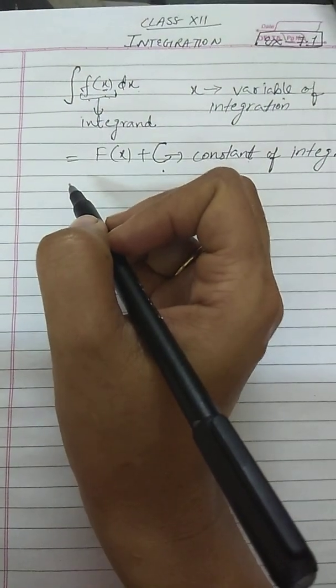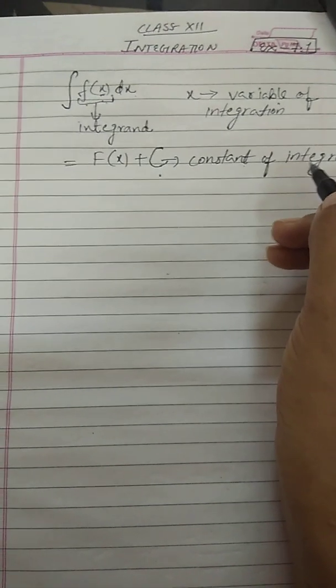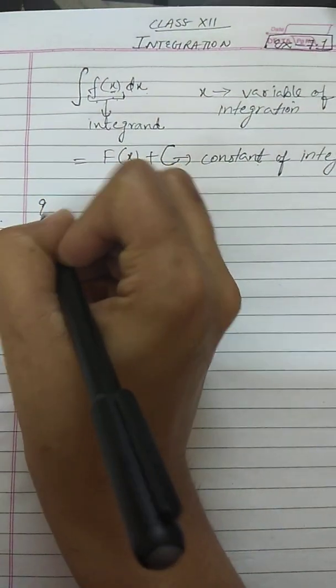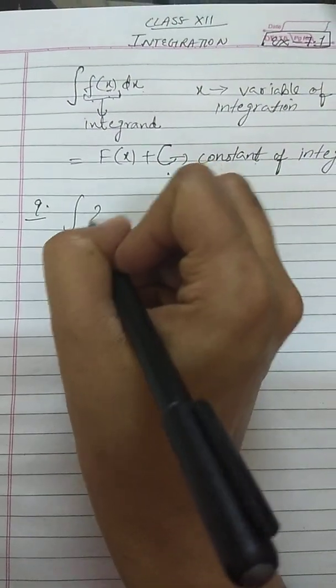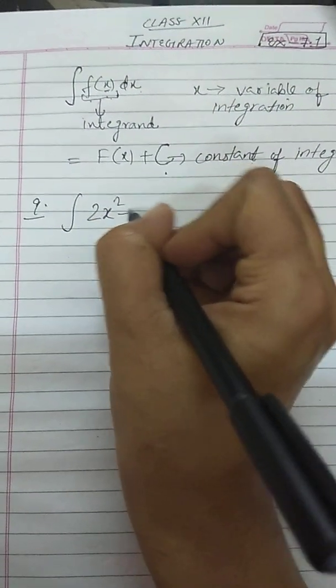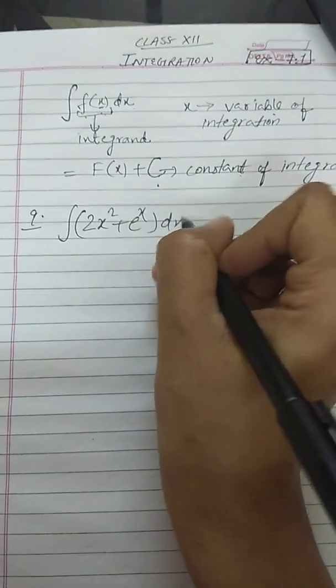Already sum number 6 and sum number 7 are done, so I will start here with sum number 9. Sum number 9 is the integral of 2x square plus e raised to power x dx.